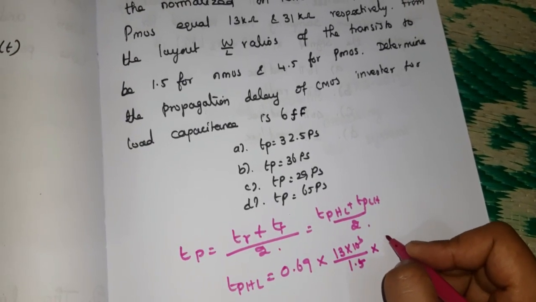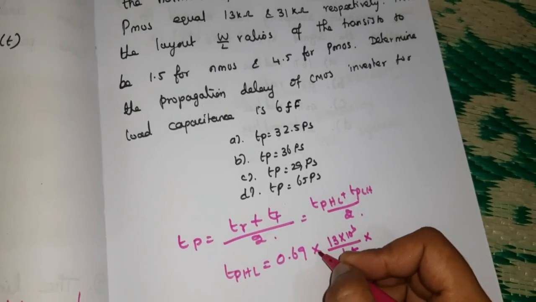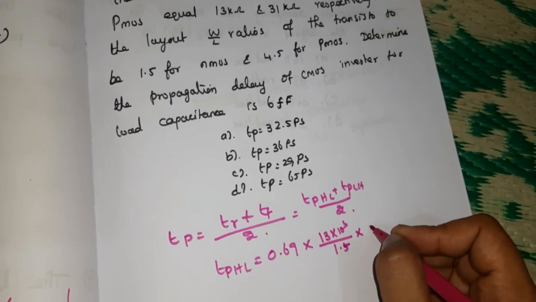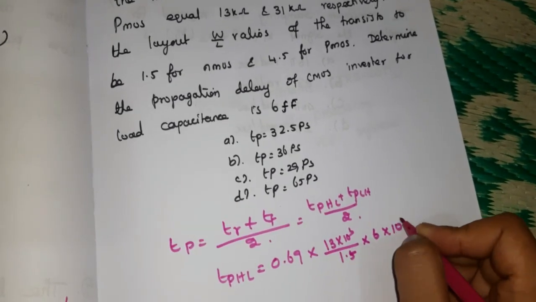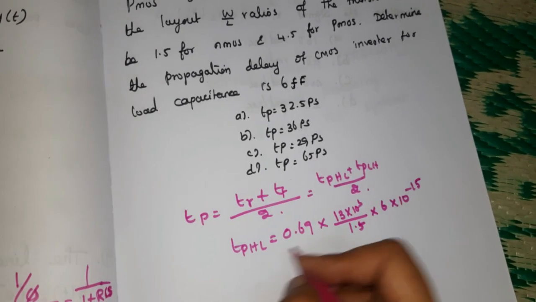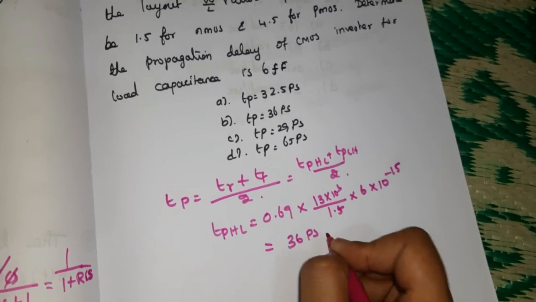The C out value is 6 femtofarad, so 6 into 10 power minus 15. So this is the formula. Solving this, we get 36 picosecond.